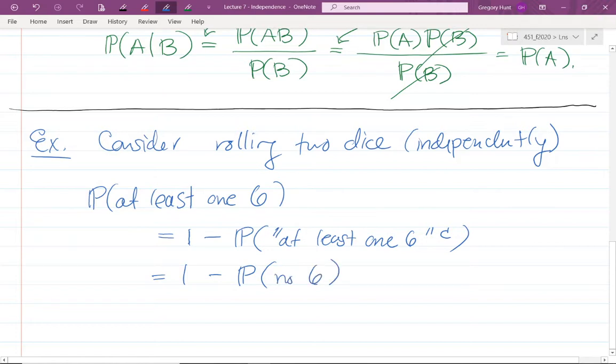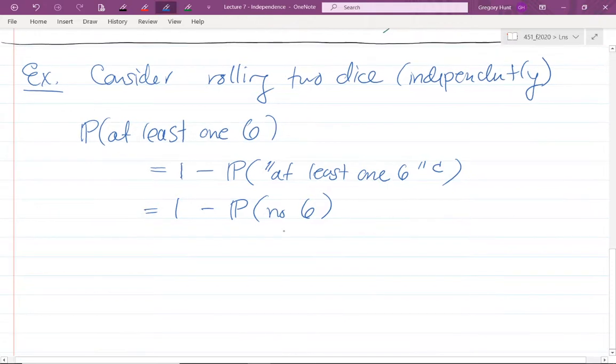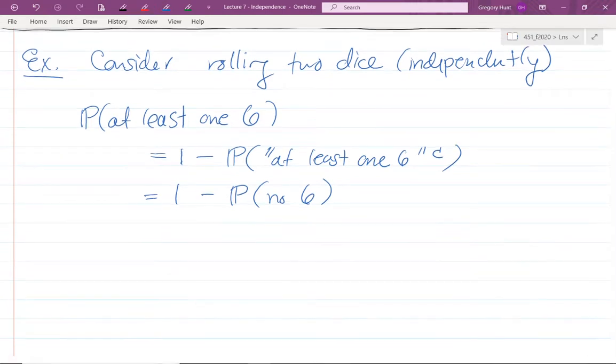That is, neither of the dice has a 6. So at least one means one of the dice has a 6 or the other one, or they both could. Complementary would be none of them have a 6. So this is a real standard trick with independence. Why do I want to write it this way? If I write it this way, I can formalize what no 6s means.